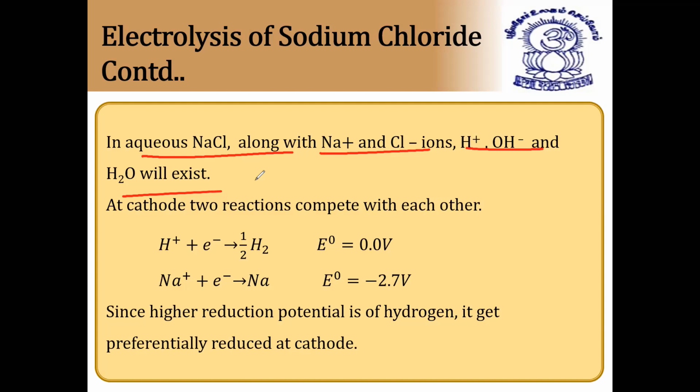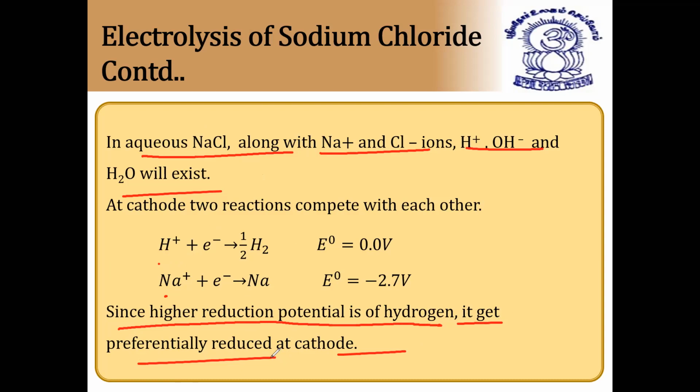So definitely the one which is having the lower electrode potential value, that will go and deposit first. Here, negative, no need to see only the sign; we have to see only the values. In simple words, the metal or element placed lower in the electrochemical series will go and deposit first.